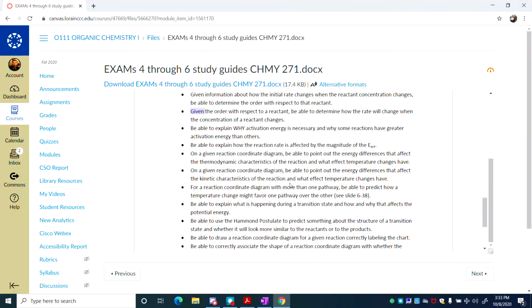Why is activation energy necessary? It's necessary to break the bonds that are present initially. So you have to separate attracted particles before you can even start to think about rearranging them into a different form. Energy has to overcome their initial attractions.